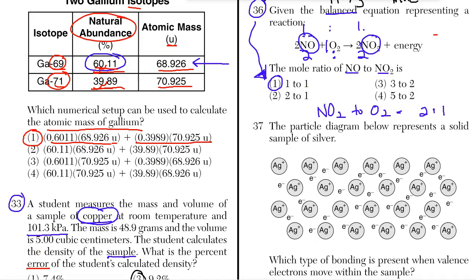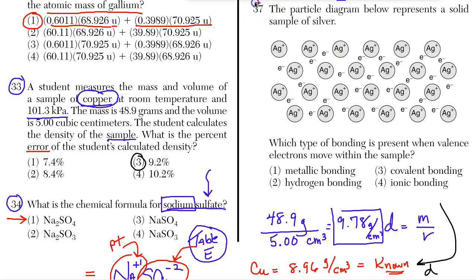On to number 37. A particle diagram below represents a solid sample of silver. Silver is an atom, or atoms, of silver. And as we know, atoms are neutral, which means their protons equal electrons. So this electron must be the valence electron that belongs to silver.